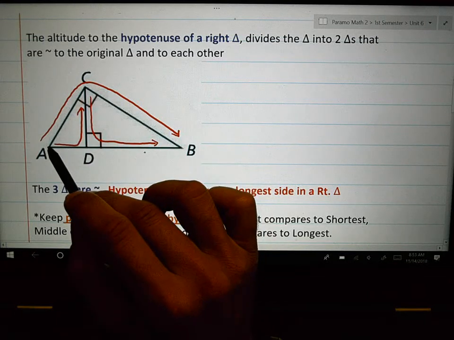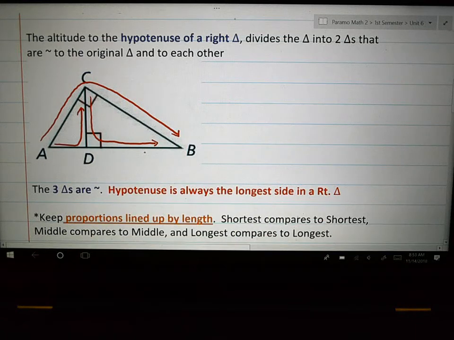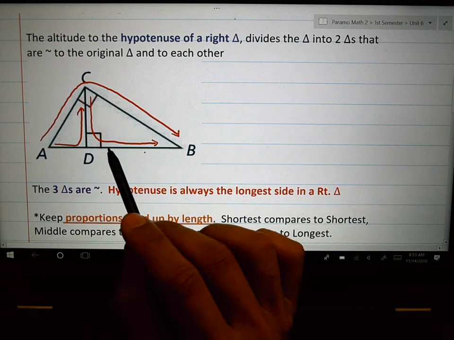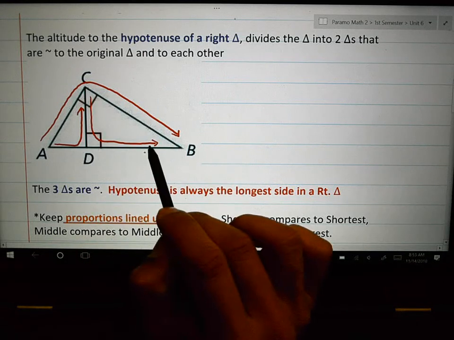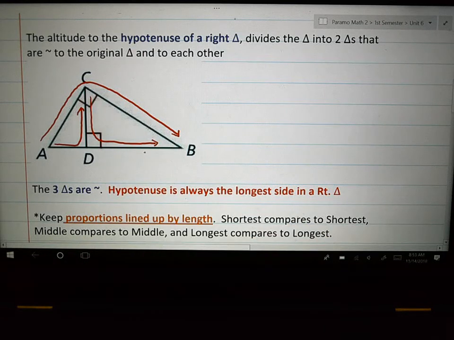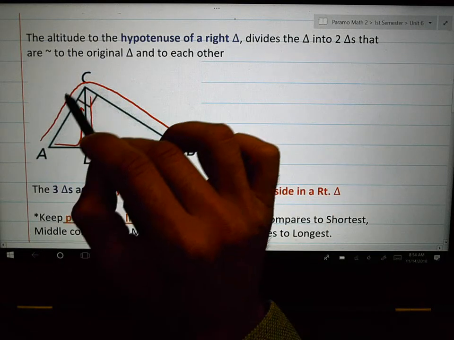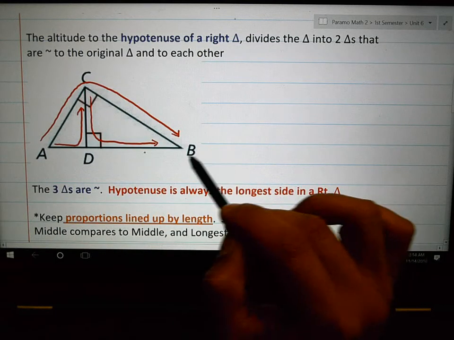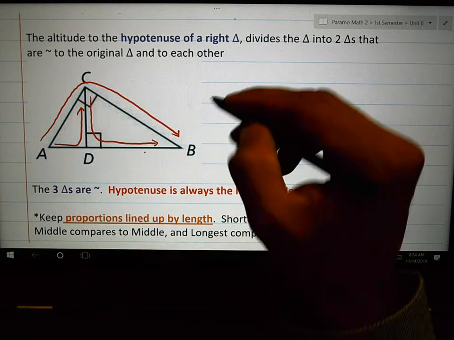So I usually go short side, middle side, long side of this small triangle is going to be proportional to short side, middle side, long side of the middle triangle, and then the short, medium, long side of the big one. They're all going to be in proportion to each other. Literally, it would be something like this.